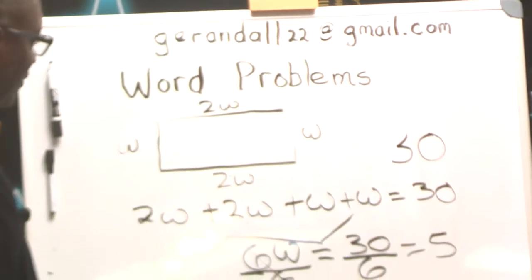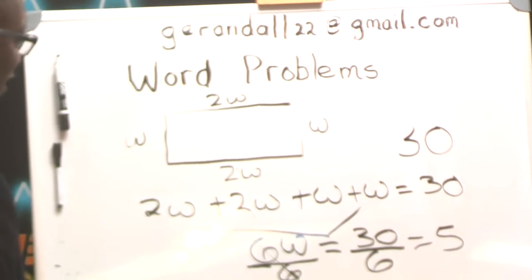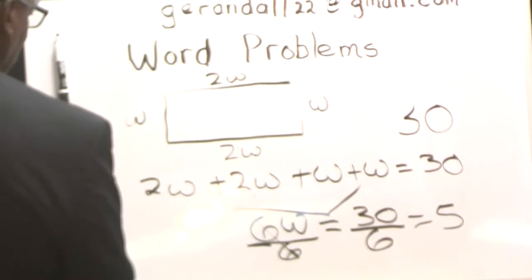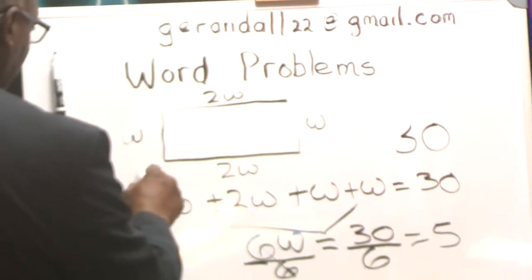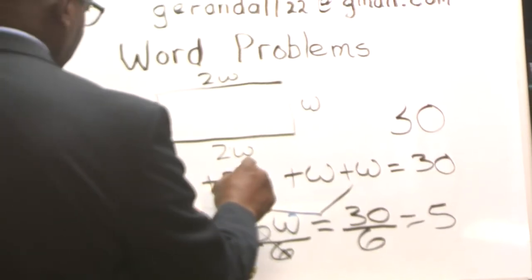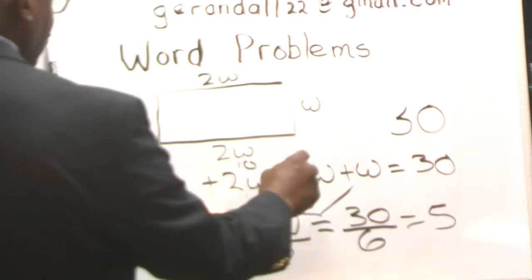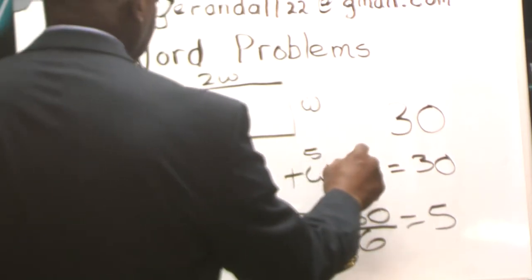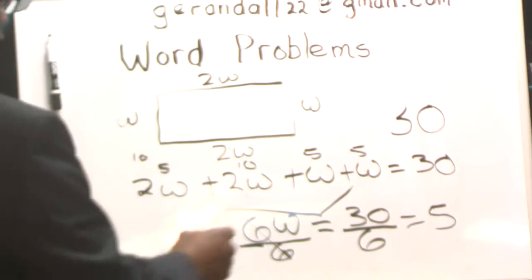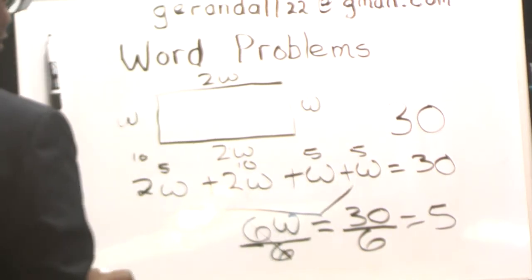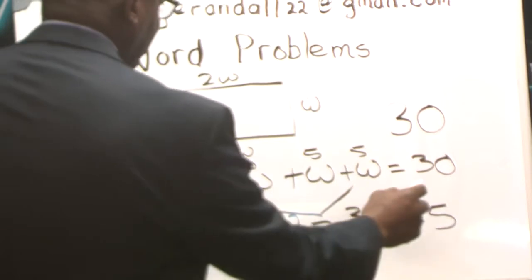Now, let's go back and check. 2W, and we said W equals 5, that's 10. 2W, that's 10. 5 and 5. 10 plus 10 is 20, plus 5 is 25, plus 5 is 30.